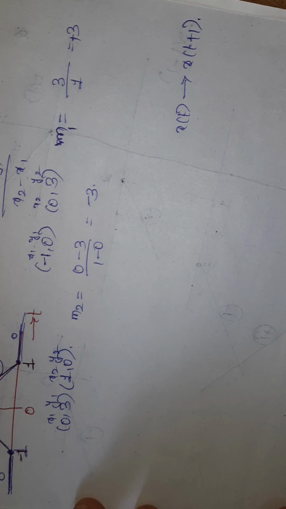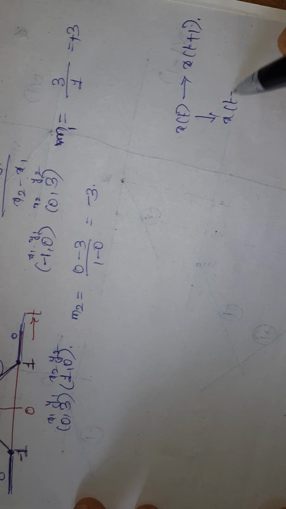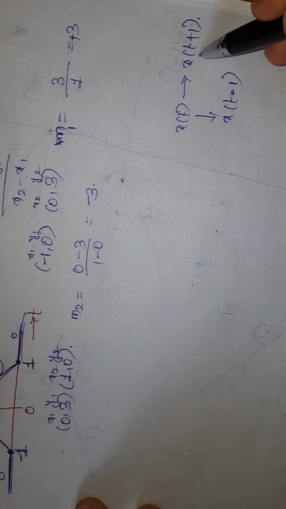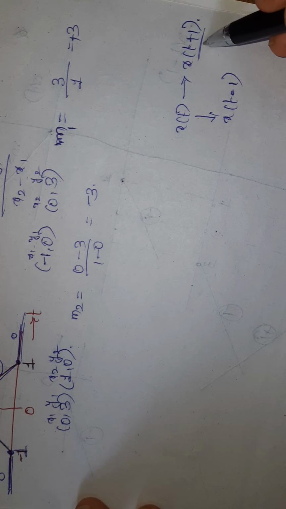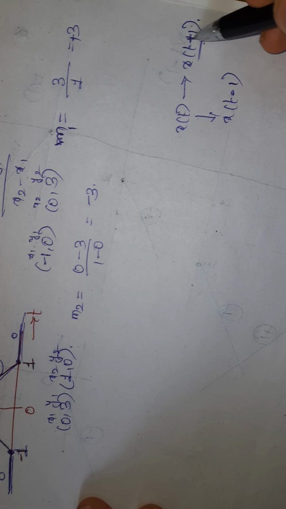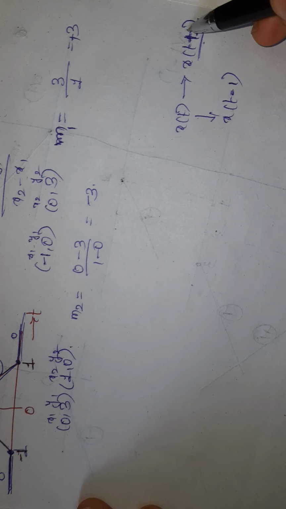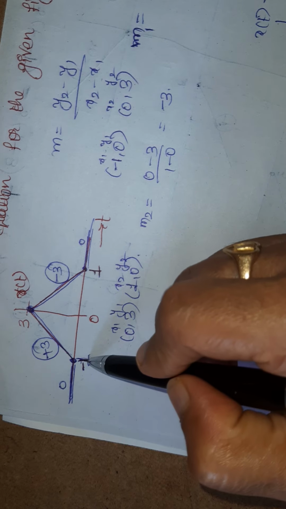What is the delayed version for x of t? Delayed version is x of t minus 1. So x of t plus 1 is nothing but the advanced version, advanced by 1 unit.